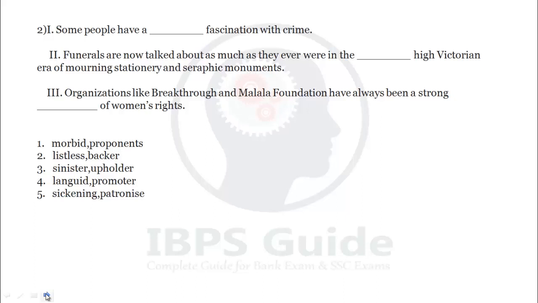Morbid and proponent. Proponent means one who supports something, one who advocates something. Morbid means an abnormal, unhealthy manner or situation, any unhealthy subject, death, disease. This is called morbid. Listless means very much lack of energy.